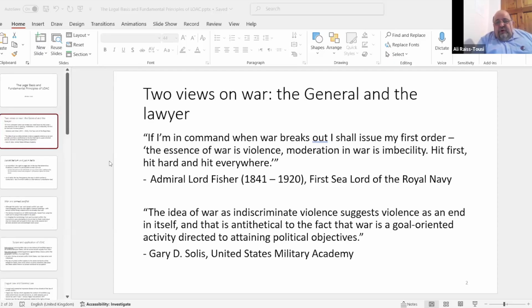The idea of war as indiscriminate violence would suggest that violence is an end in itself. But this is in clear conflict with the fact that war is an activity that is clearly goal-oriented.